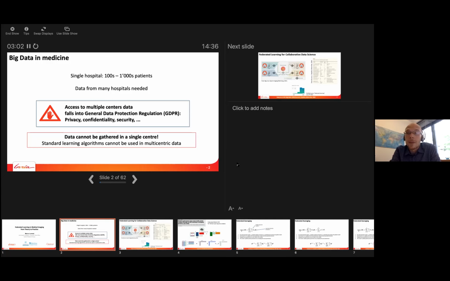And also there are many regulations, especially related to privacy and data protection. So it's becoming extremely difficult to simply gather the data set together.